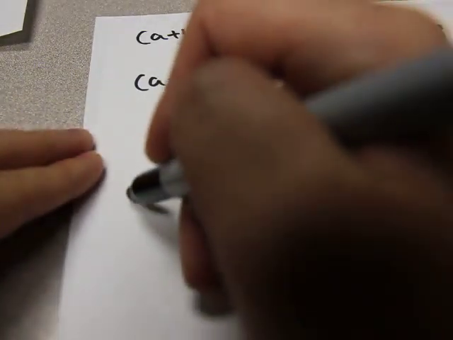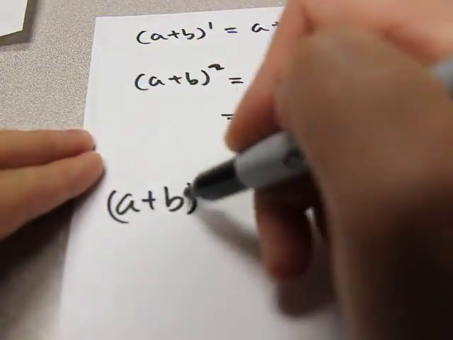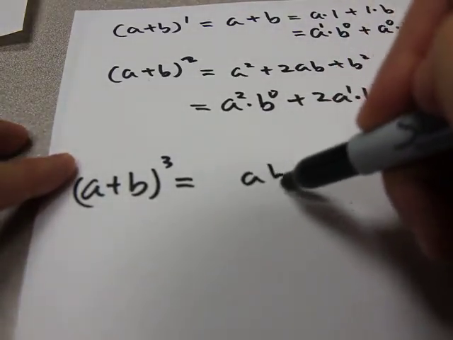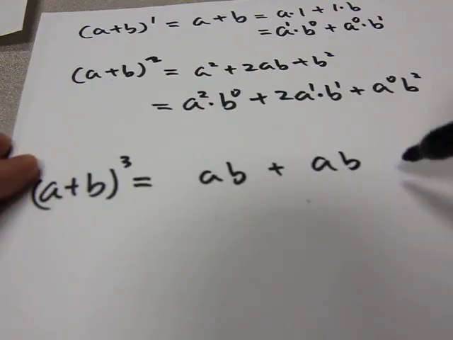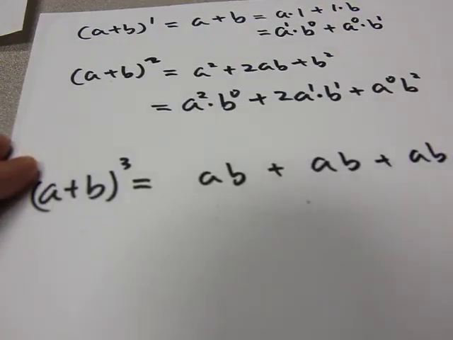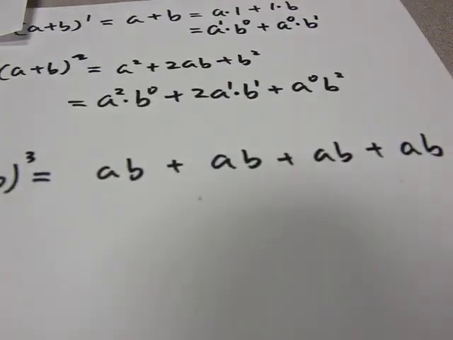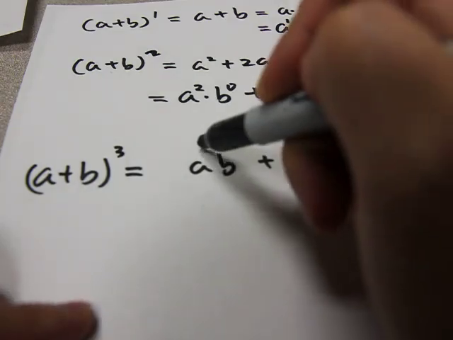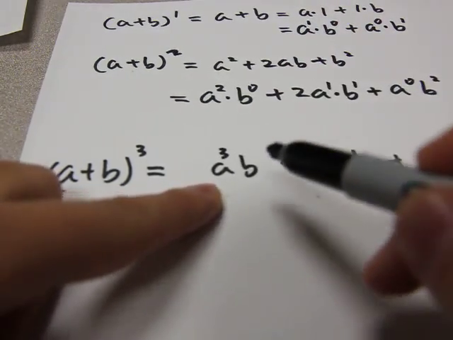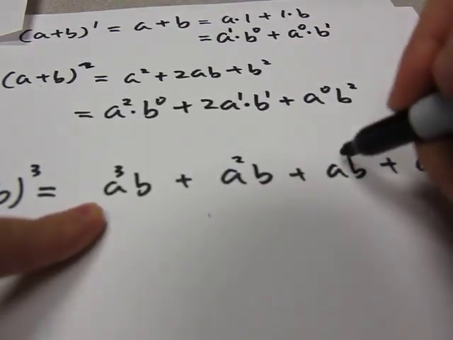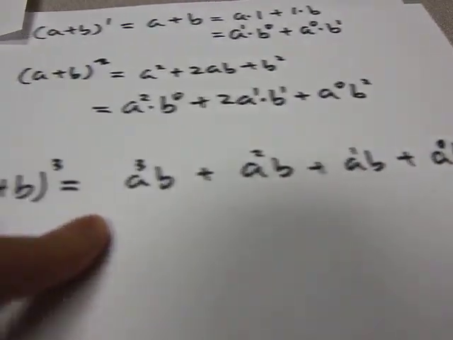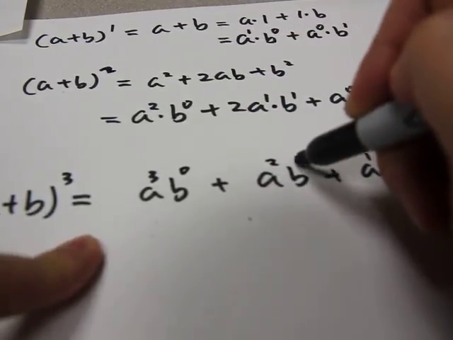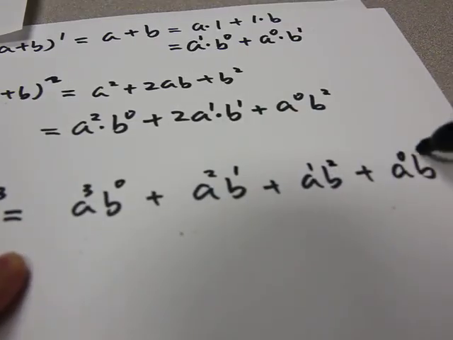So therefore, let's say a plus b raised to the power of 3. First, I know there should be 4 terms because the integer n is 3. And for each term, the exponent of a changes from 3 to 2 to 1 to 0, and the exponent of b changes from 0 to 1 to 2 to 3.